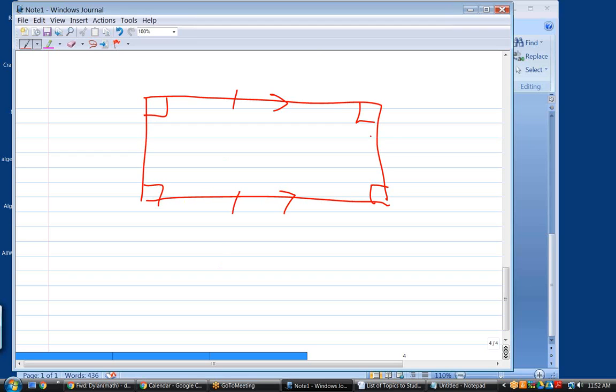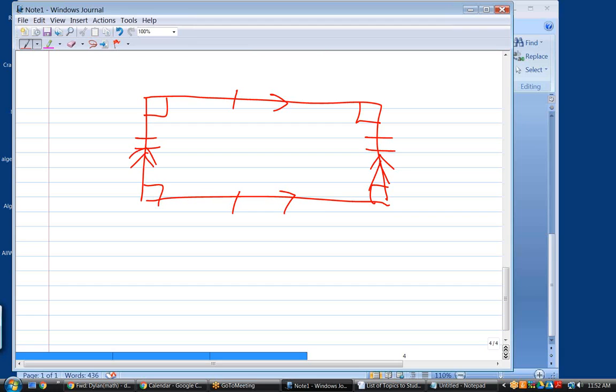That has to be equal to that and parallel to that. So I would say the definition of a rectangle is it's a quadrilateral with opposite, equal, and parallel sides and all 90-degree angles.